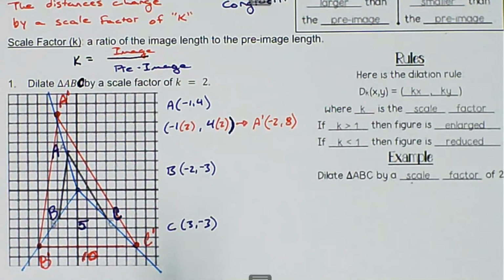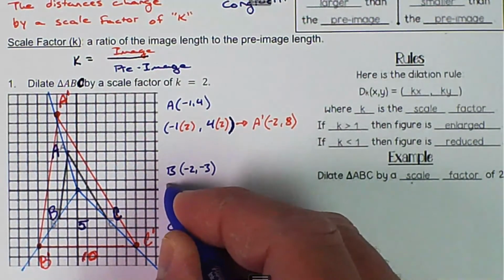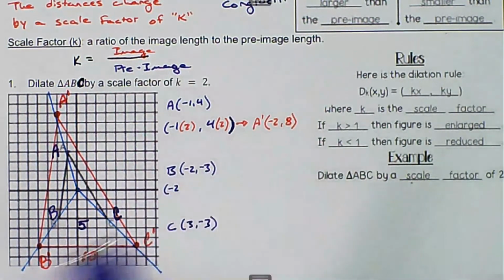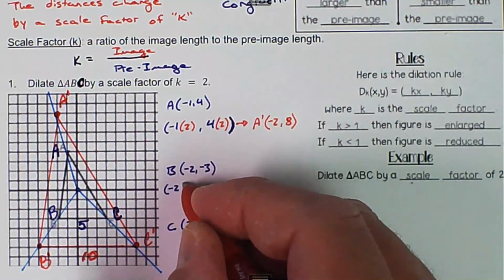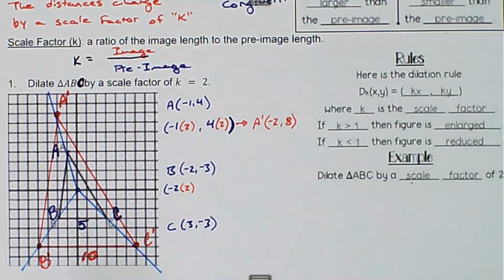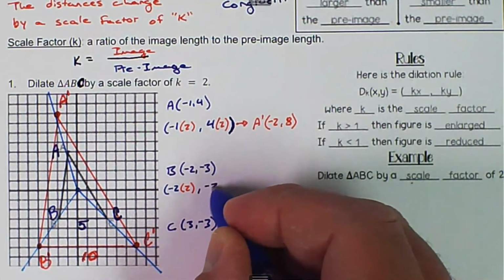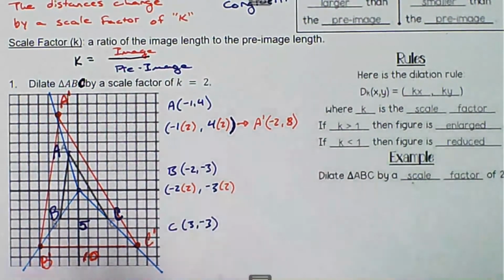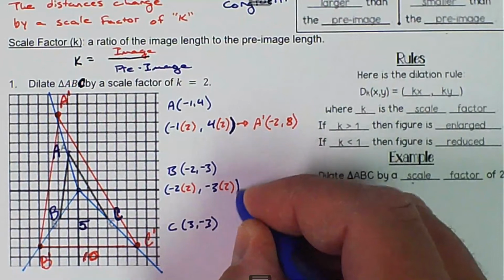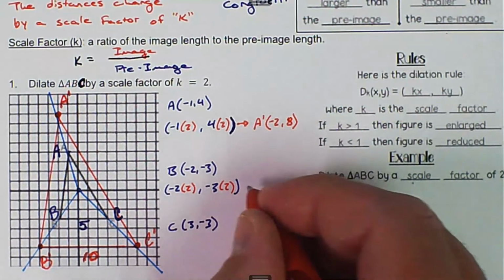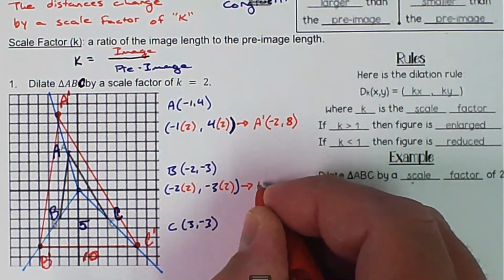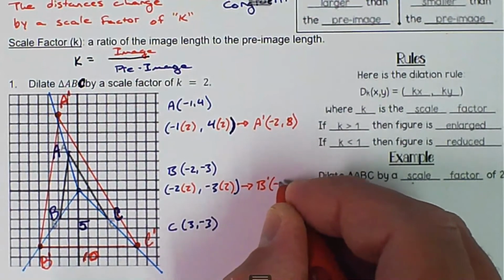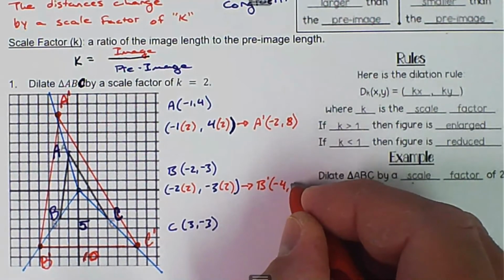Then we can do the same thing for B. So we're going to have -2, and we're going to multiply that by 2. And then we have -3, and we're going to multiply that by 2. And then that's going to give us B prime, which is -4, -6.